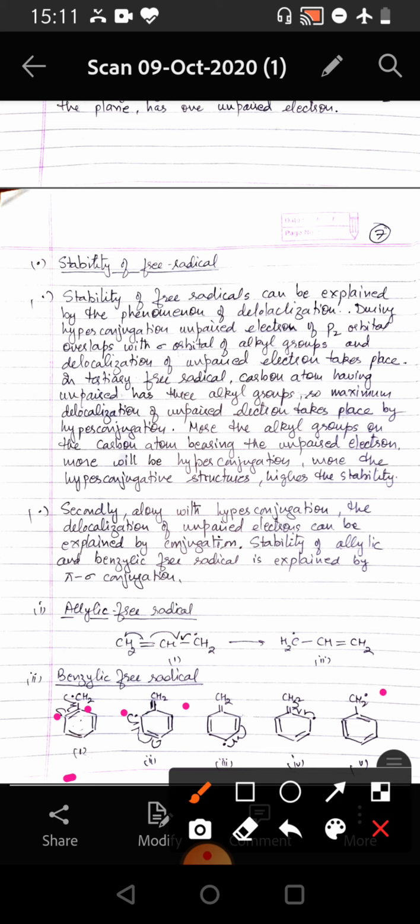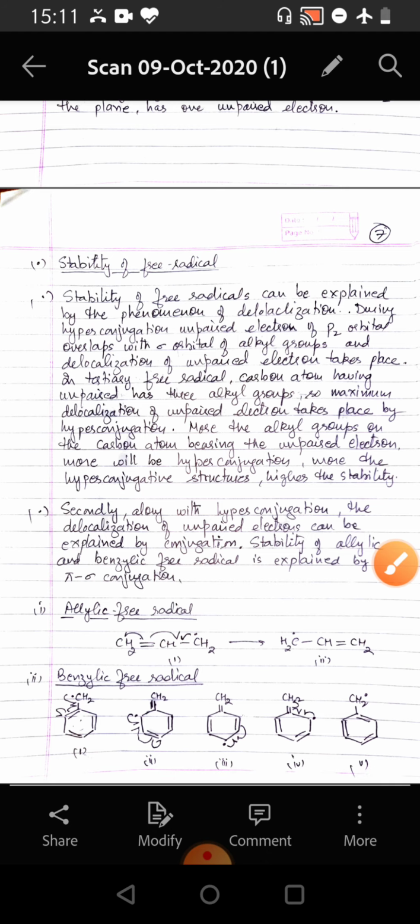Finally, this free radical is obtained which was in the beginning, but here we can see that the position of the double bond is different, and here the position of double bond is different. So as the number of resonating structures is more, it has high stability. That's all for today. Thank you.